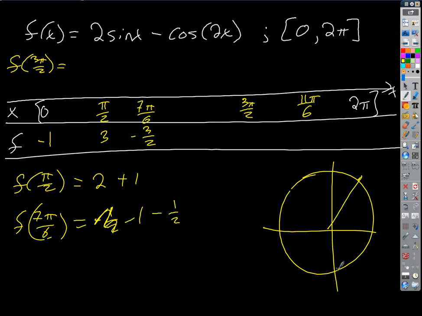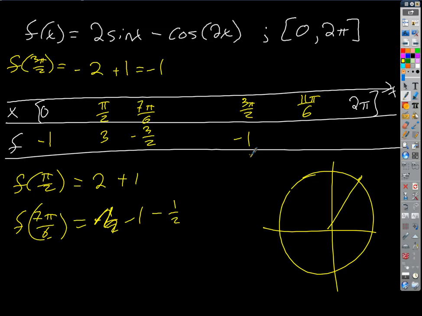Sine? Negative 1 times 2. So that's going to give us negative 2 minus cosine of 2 times 3 halves pi. Well, that's the cosine of 3 pi, right? So negative 1. So plus 1 equals negative 1. Can we agree?